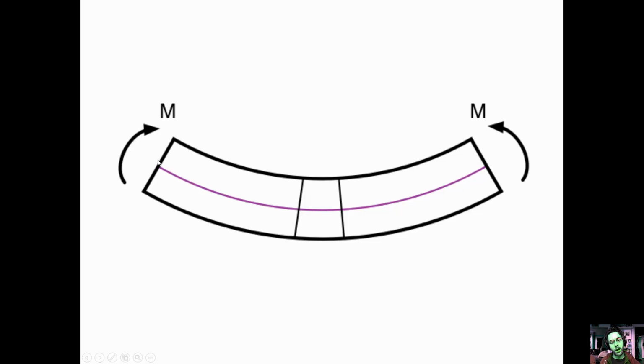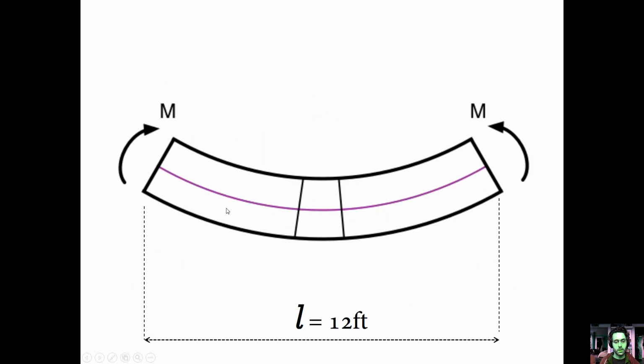And everywhere along this beam, there's an internal moment, the bending moment. That's what you see on the outside here. And what we want to calculate is the internal bending moment at every point along this beam. So the beam is 12 feet long. And so we want to calculate M, the bending moment, at every foot of length here.